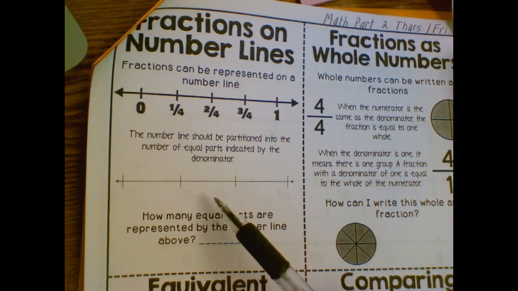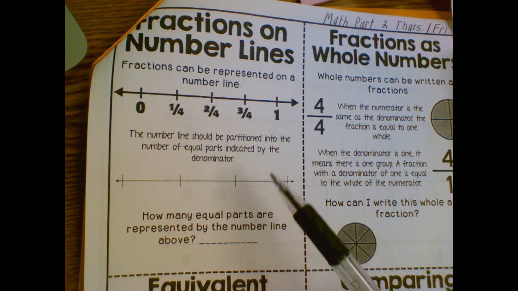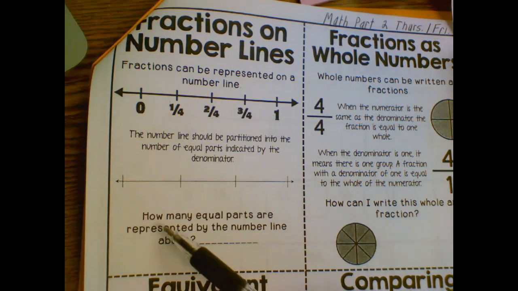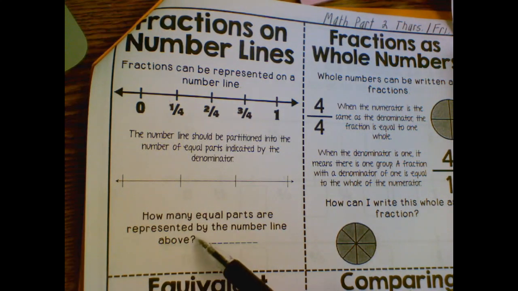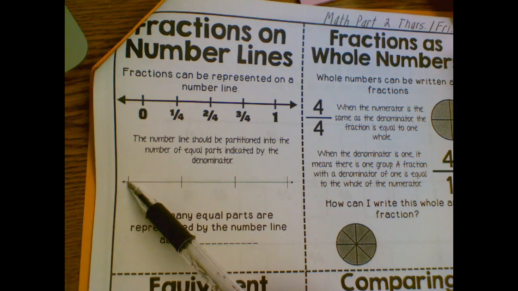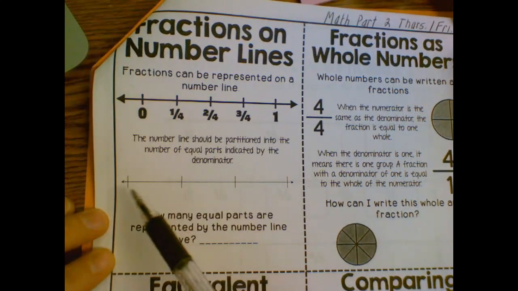But below, they give you a number line that's blank, okay? So if I am going to read the question, it says, how many equal parts are represented by the number line above? What that means is if you start on the first line, and I always pretend like my finger is like a frog or my pen, okay?